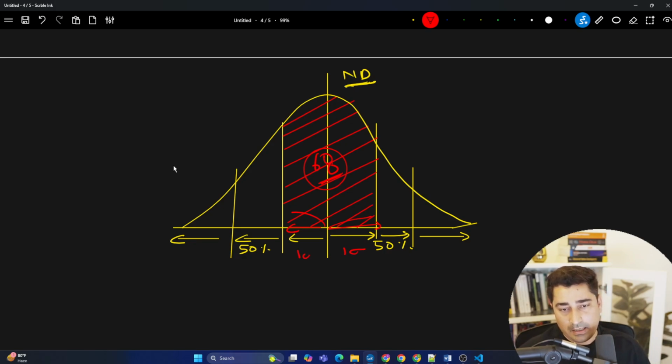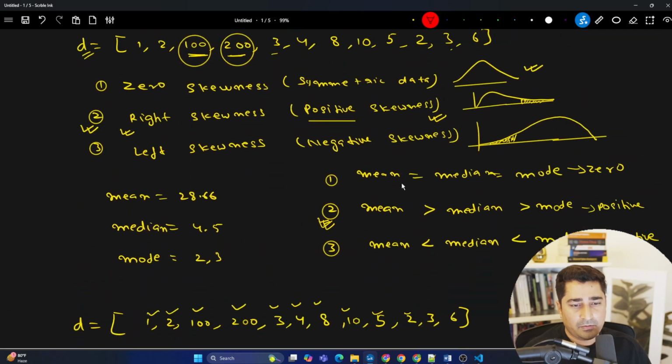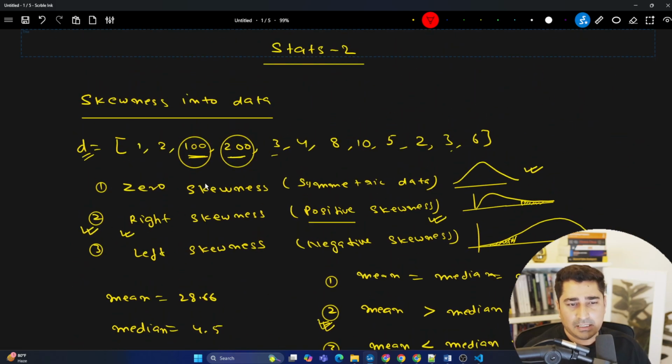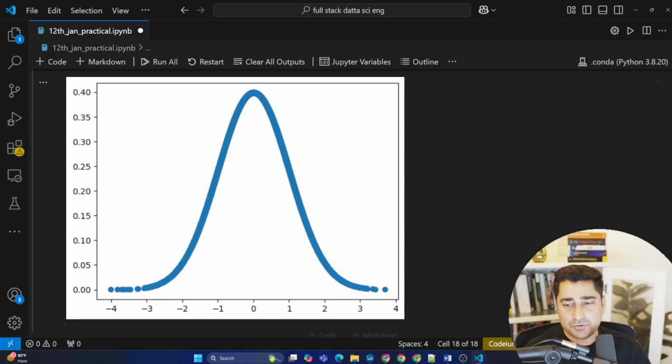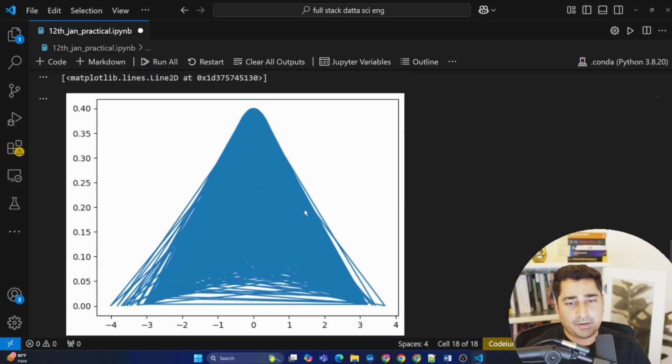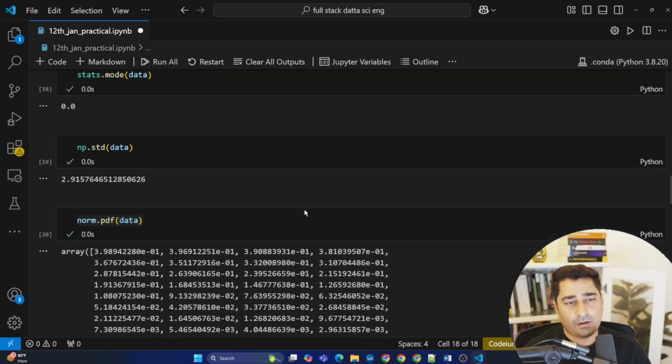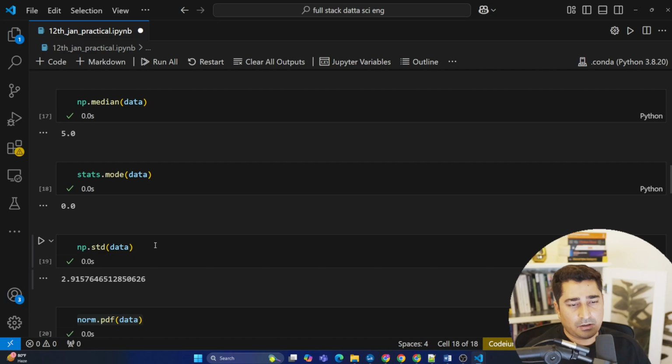So within one standard deviation, when I say that standard deviation is equal to 2.8, for example, I believe we haven't found out the standard deviation for this data. We have found out the standard deviation of this data over here, the linear data that we have produced.